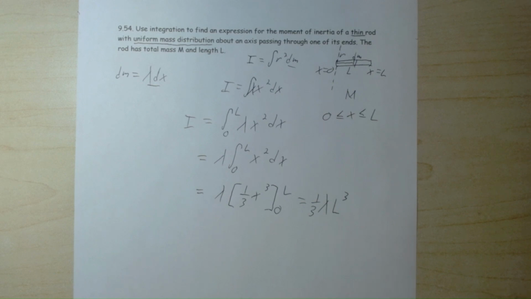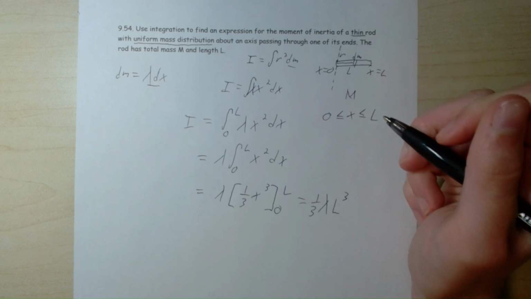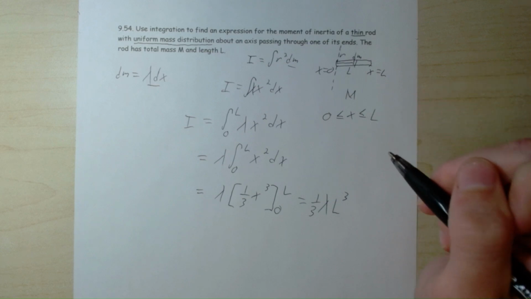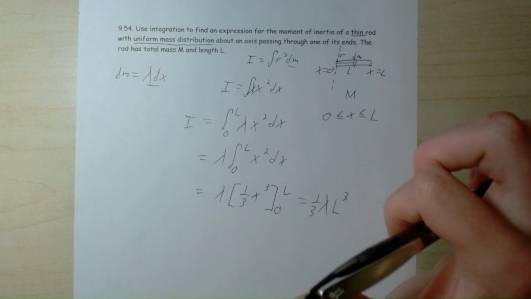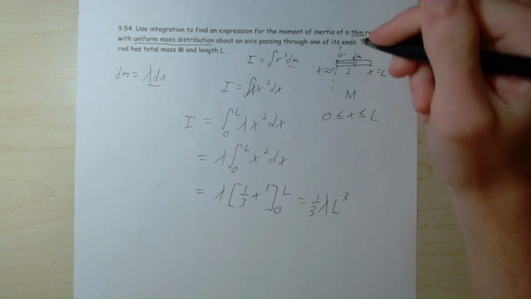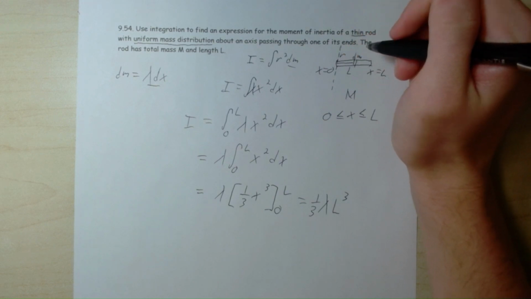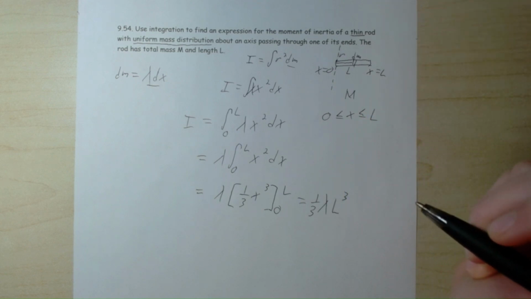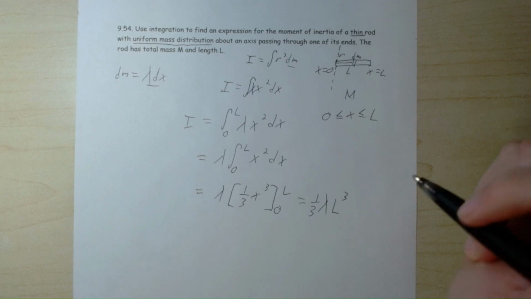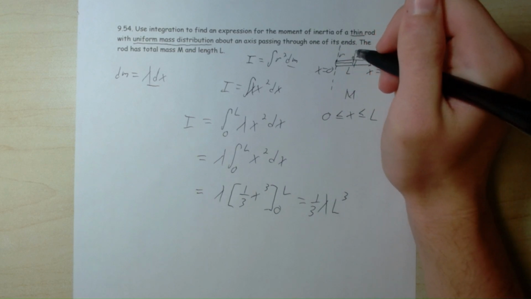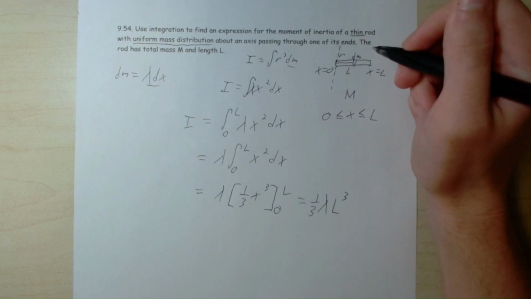Alright, so we want to express the moment of inertia in terms of m. So we need to find a way to relate lambda and m. And for this problem, this is pretty easy because we have a uniform mass distribution. So what's lambda going to be? Well, this entire rod has total mass m, and it also has total length L. And if lambda is the mass distribution, and if the mass distribution is uniform, then it's just going to be this entire mass m divided by L, right?